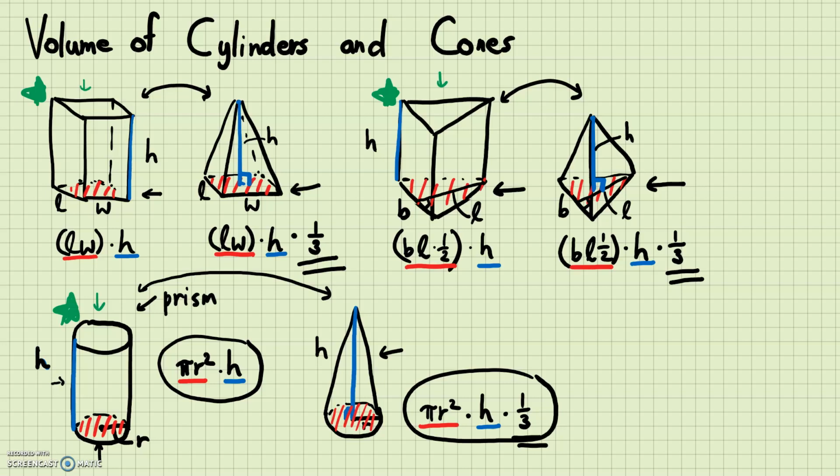For a pyramid kind of shape, I'm marking it with a yellow star, you multiply the base times the height and you divide by 3, or multiply by 1/3. Okay, so just remember that concept, and you should have no problem solving the volume of these shapes.